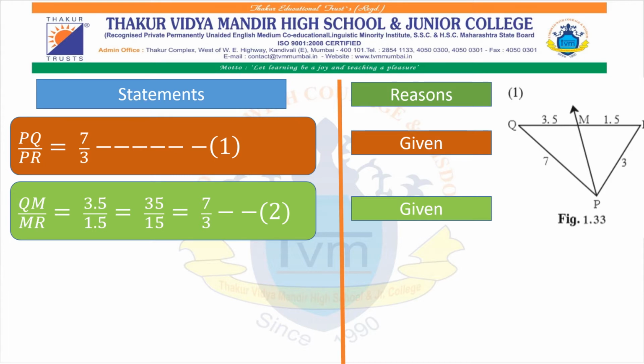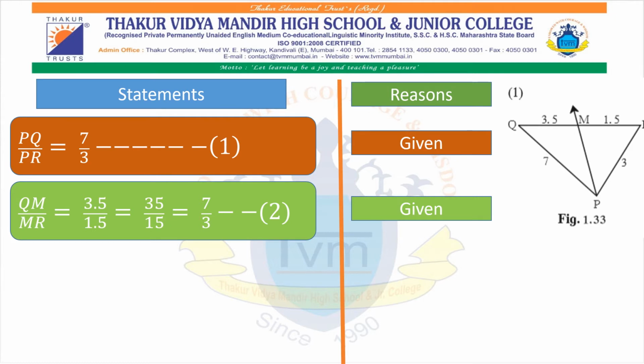Because the angle bisector property says that the ray which bisects the angle divides the side opposite to the angle in the ratio of remaining two sides. So the remaining two sides are PQ and PR, whose ratio we have got, and QM upon MR, that also we have got. If they are equal, then PM will be the bisector by the converse of the angle bisector property.